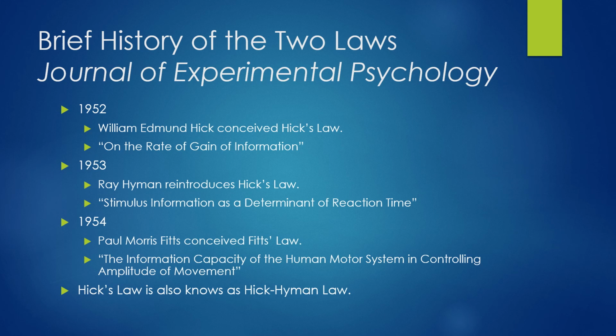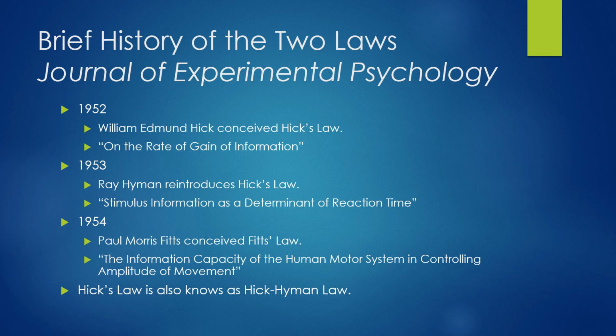To give us a brief history of the two laws, both laws were introduced in the Journal of Experimental Psychology. In 1952, William Edmund Hick conceived Hick's Law with an article entitled "On the Rate of Gain of Information." In 1953, Ray Hyman reintroduced Hick's Law in the article "Stimulus Information as a Determinant of Reaction Time."